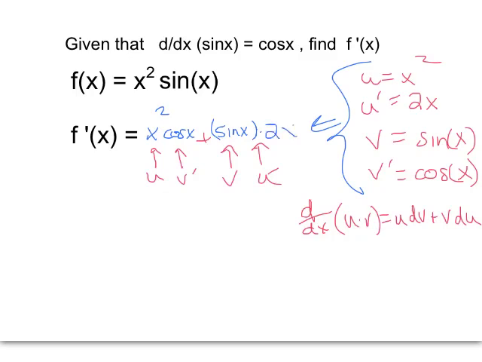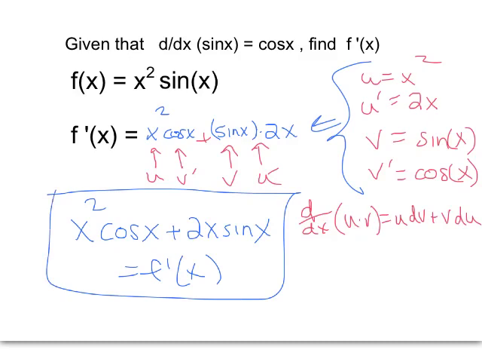So I think I'm going to rewrite the whole thing now just to make it look a little prettier, because we don't like those trig functions to be out front. I'd probably write it as plus 2x sine x. That's f prime of x. And there she is. That's the derivative of that. It's not a composite function. It's a product function. We've got x squared times sine x.